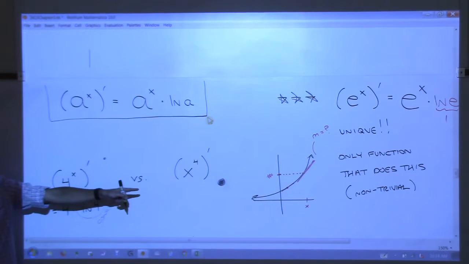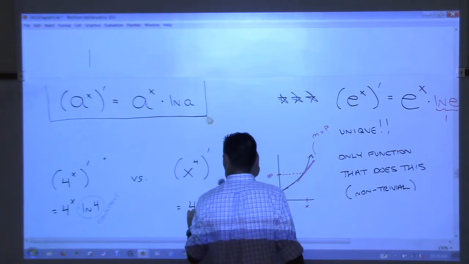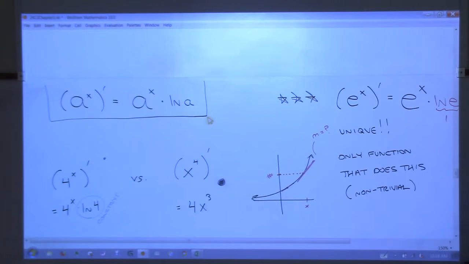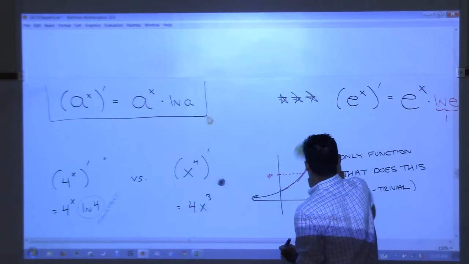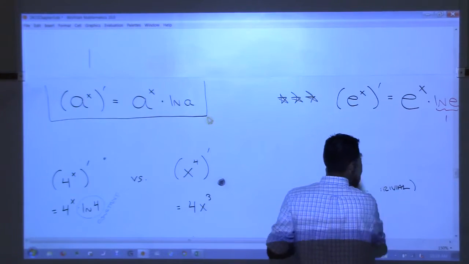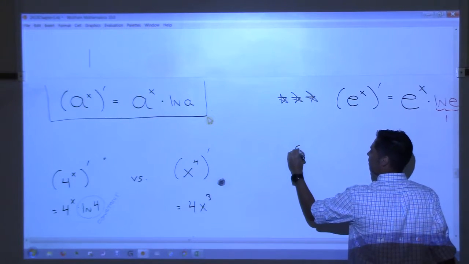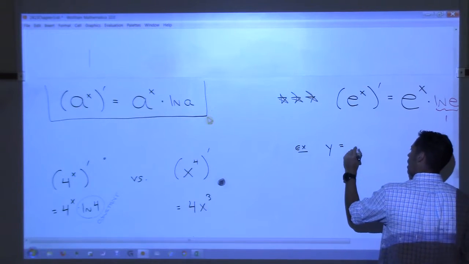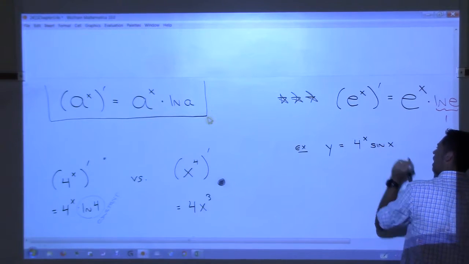Now, what's the derivative of that one? 4x cubed. Now, I showed you that because here's one of the biggest mistakes I see when it comes to derivatives of exponentials. Let's say, as an example here, I give you y is equal to 4 to the x times sine x, and I ask for the derivative.